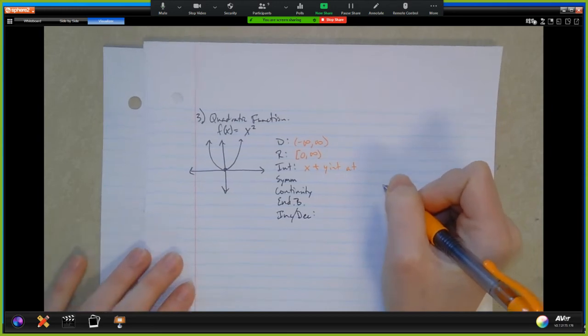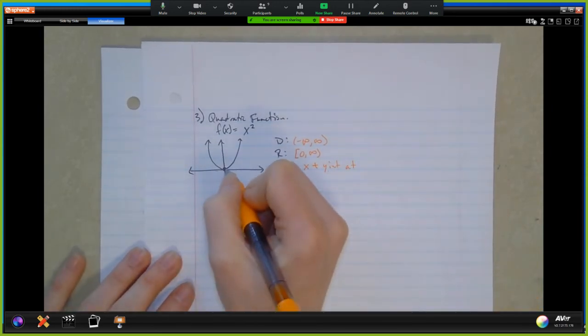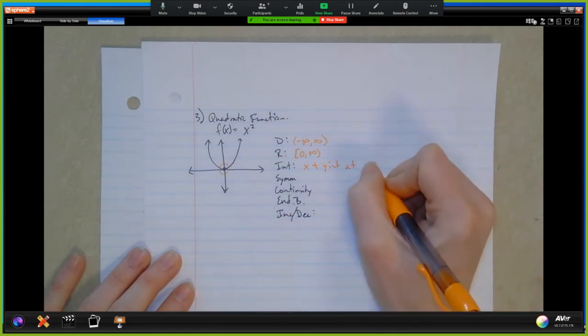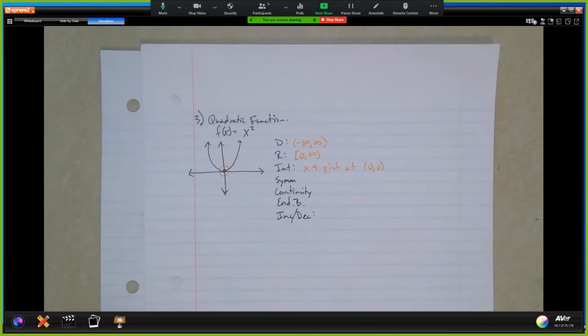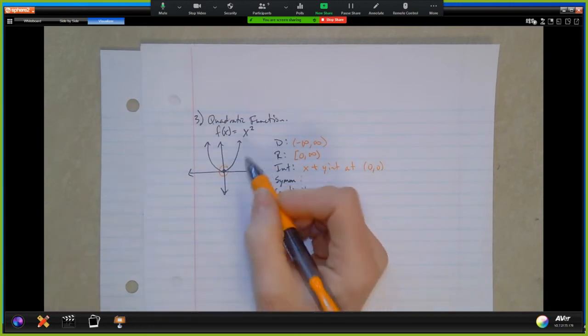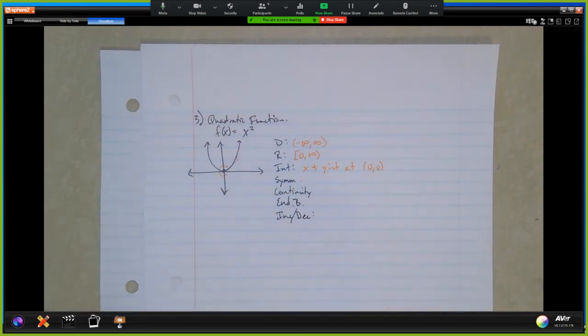Sorry. So x-intercept and y-intercept, again, from a parent function, commonly it's going to be our origin, 0, 0, right? So symmetry this time, if we were to reflect it across the y-axis, would it be the same? Or if we were to take a point and rotate it 180 degrees, would we land on the graph still? Or if we took the whole graph and rotated 180 degrees, would we get the same graph?